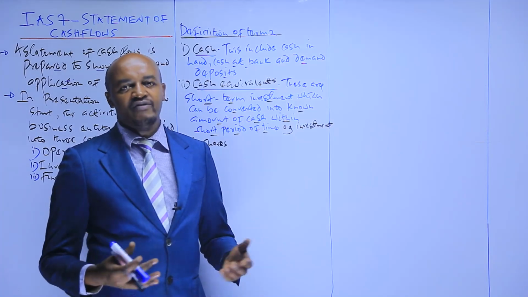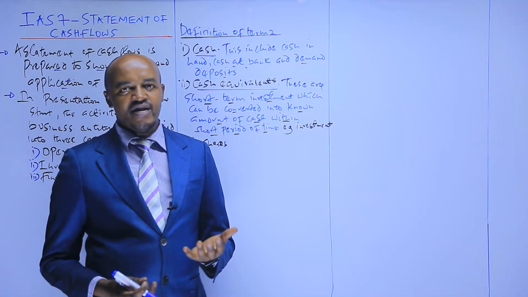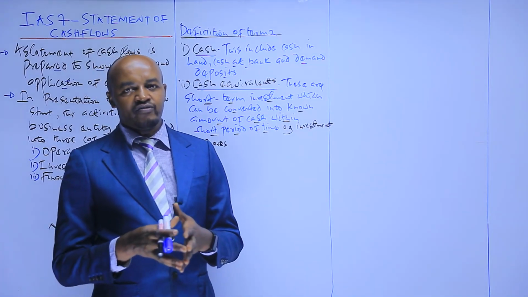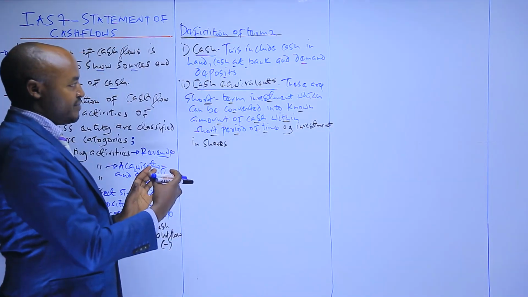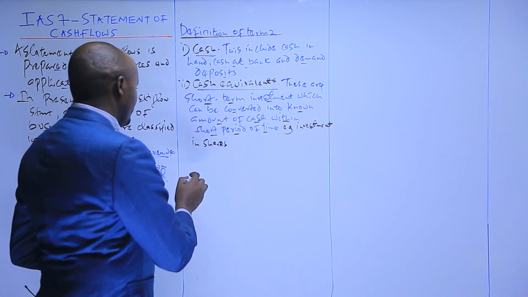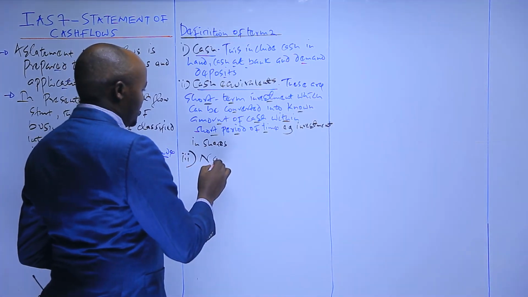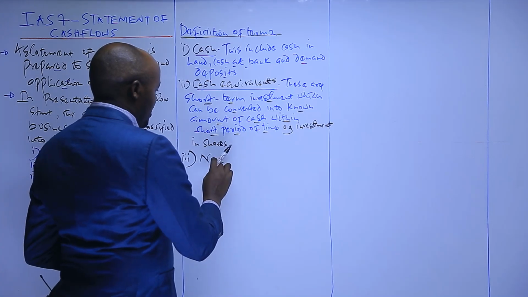Within 1 week, you'll have money in your account. So that is a cash equivalent. It's not cash, but it's an equivalent of cash, because if you need cash within a short period of time, you'll be able to get it. Such a short-term investment which can be converted into a known amount of cash, we refer to as cash equivalent. The other term is non-cash items.